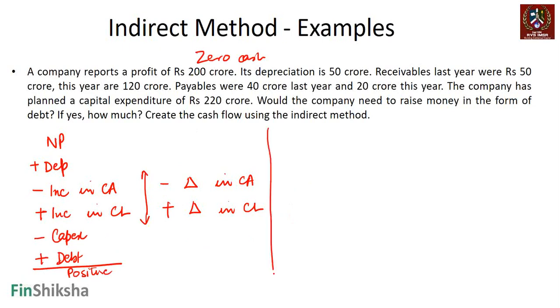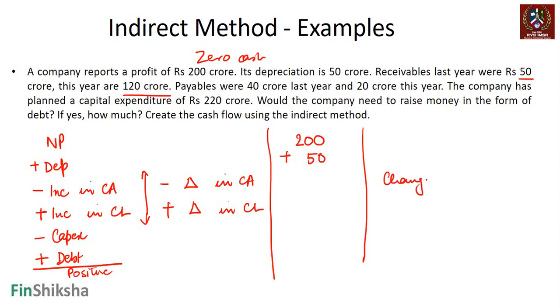So now if we put in the numbers, we will see 200 coming here, correct? Then we will look at what the depreciation is and we will add that here. So we will add 50, which is the depreciation. What is the change in current assets, right? Let's work it out. Current assets are receivables. Last year is 50, this year is 120.